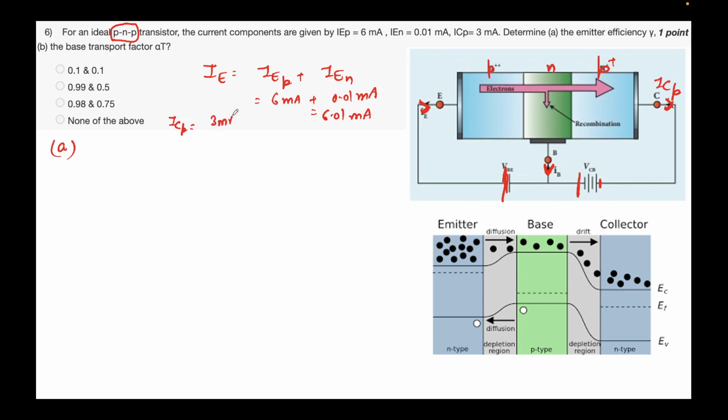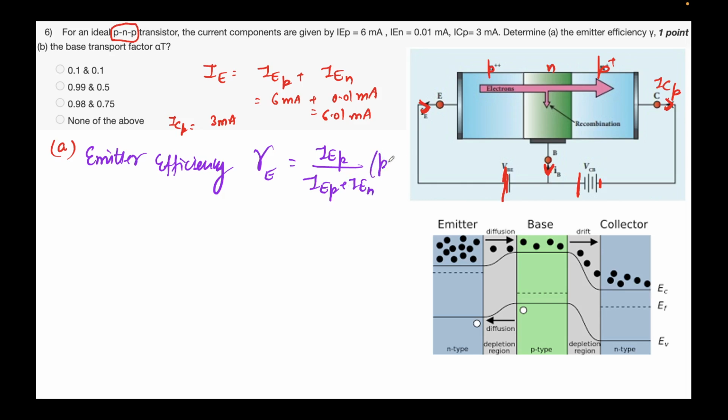Okay, so the first term that we have over here is emitter efficiency, which is also given by the symbol gamma E. In the case of a PNP transistor, it will be IEP over IEP plus IEN.